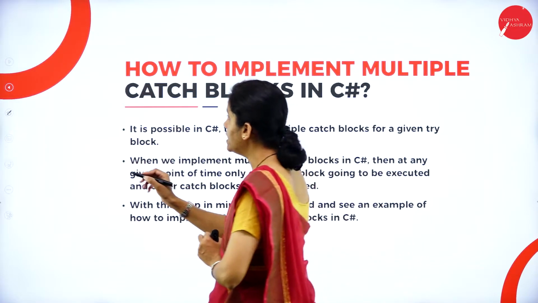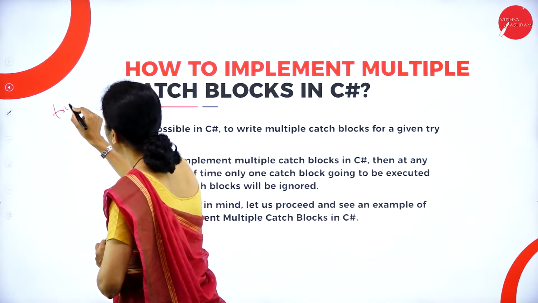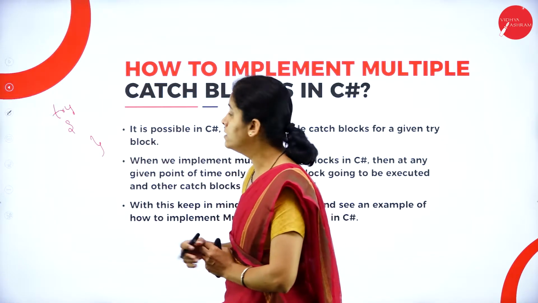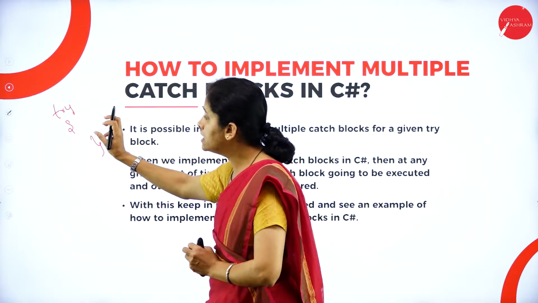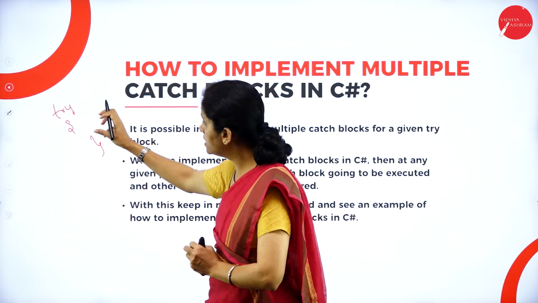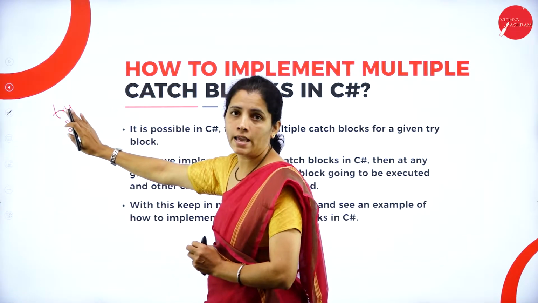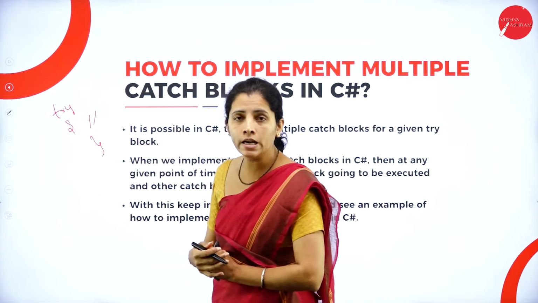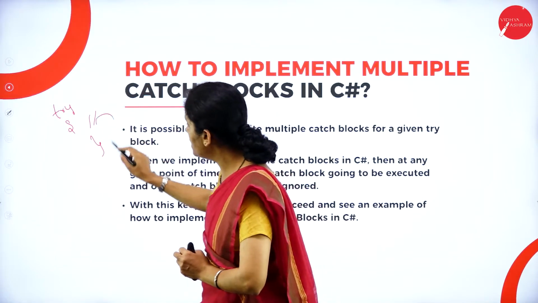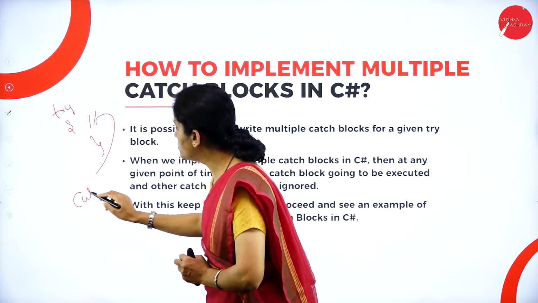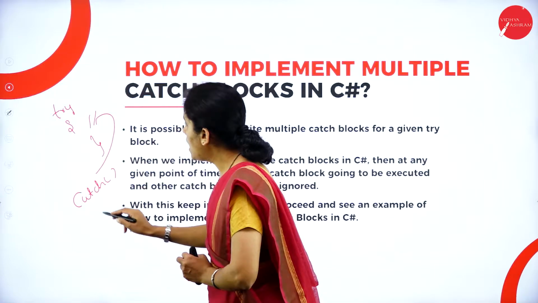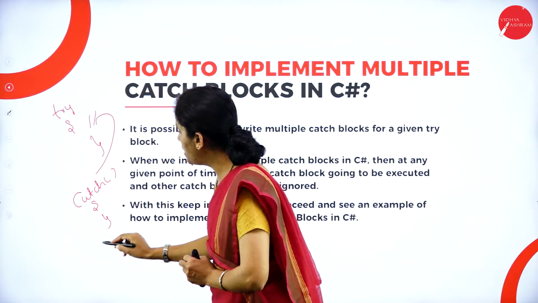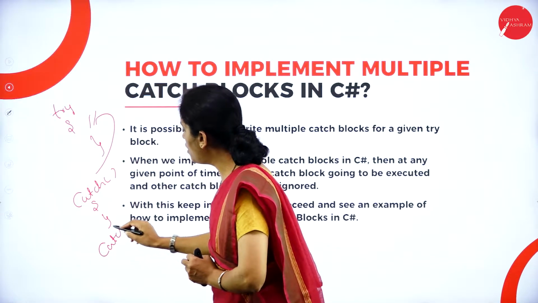I have try, and whatever code I want to execute that generates an error is written inside the try block. When this code generates an error, that can be handled by the catch block. For this single try, I can have multiple catch blocks.